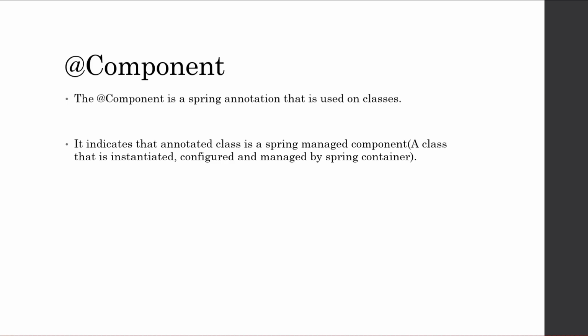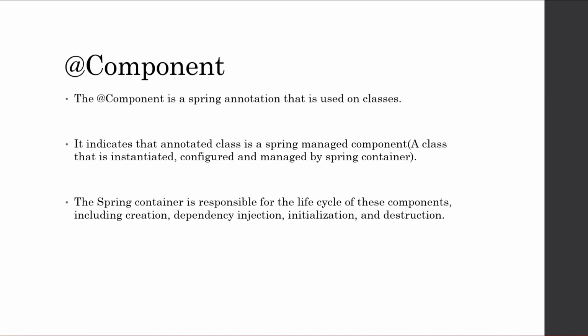In the initialization tasks, connections can be created, and in the destruction, the finalization work is done before destroying the bean, like closing the connection. The Spring container is responsible for managing the life cycle of the components, and it includes creation, dependency injection, initialization, and destruction of the beans.